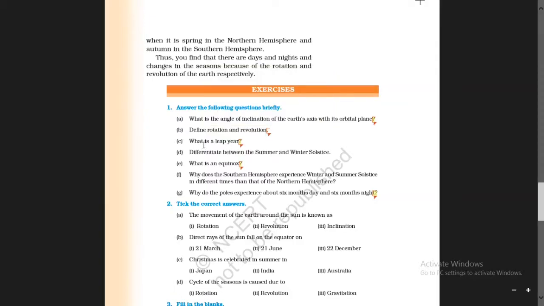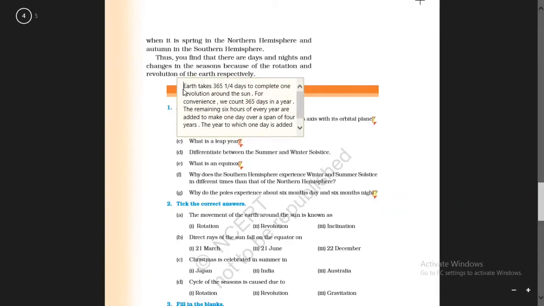Then the next question, what is a leap year? Boys, in our PDF file by mistake I typed an apostrophe s in "earth's" that should not be there.